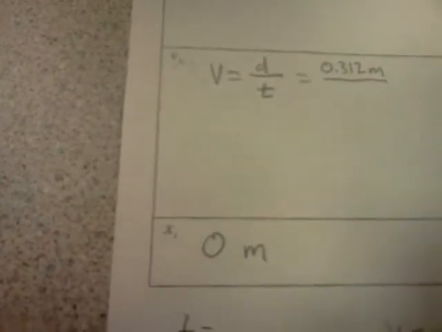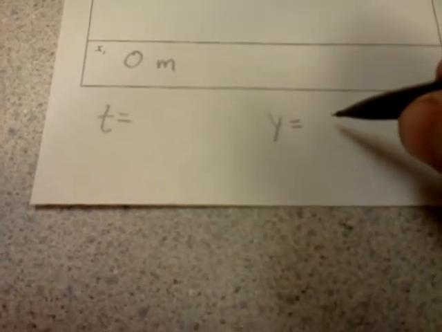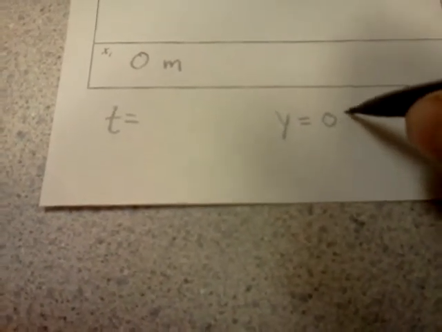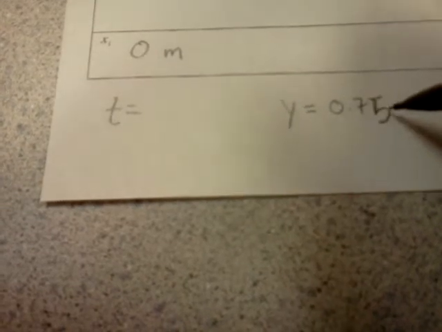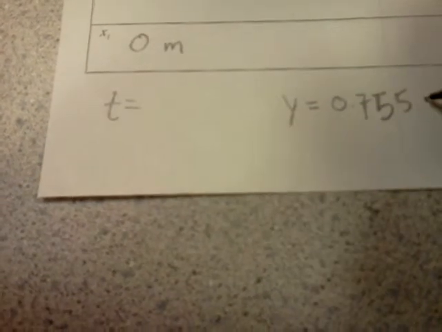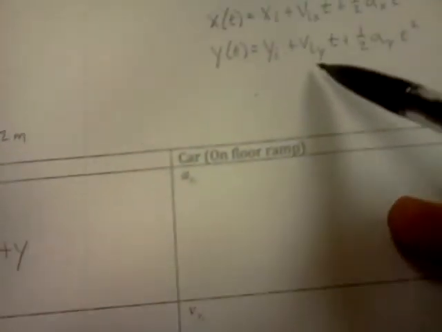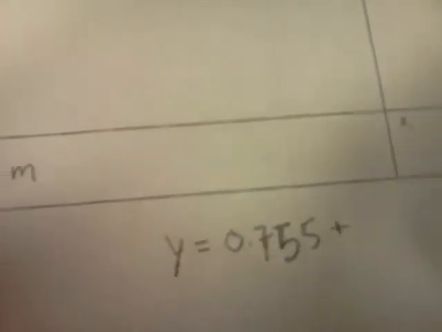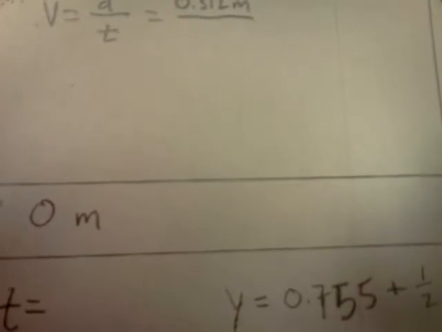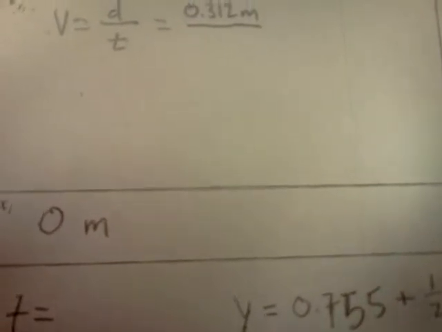So we plug in what we know. Our initial Y position is 0.755, plus the velocity in the Y direction, which is 0, so this middle term just cancels out. Then I just have to add in my acceleration: 1/2 times negative 9.81 meters per second squared times time squared.